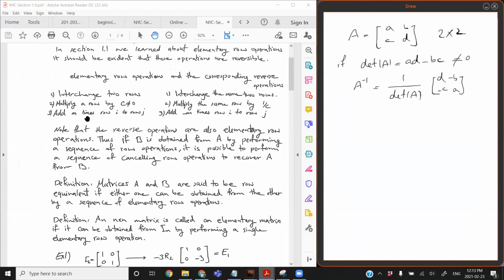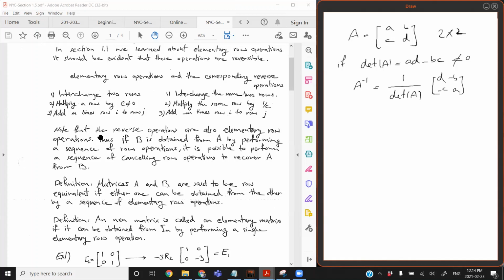Notice that these three canceling row operations that I described here are actually elementary row operations themselves. Swapping two rows is an elementary row operation. Multiplying a row by a non-zero number is an elementary row operation. And adding any multiple of one row to another row is a row operation.